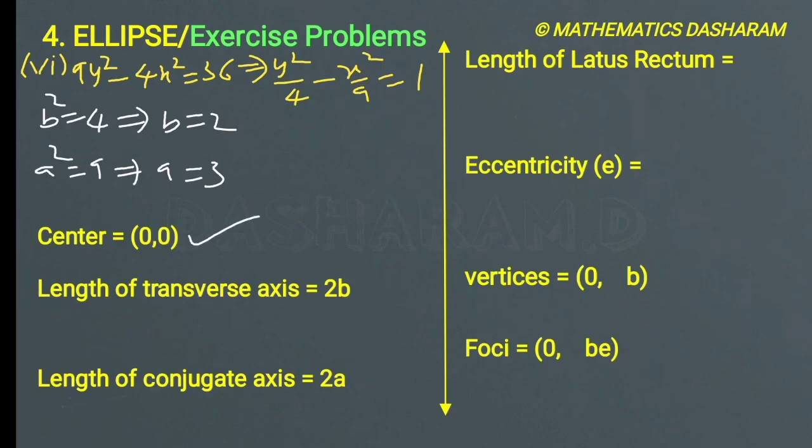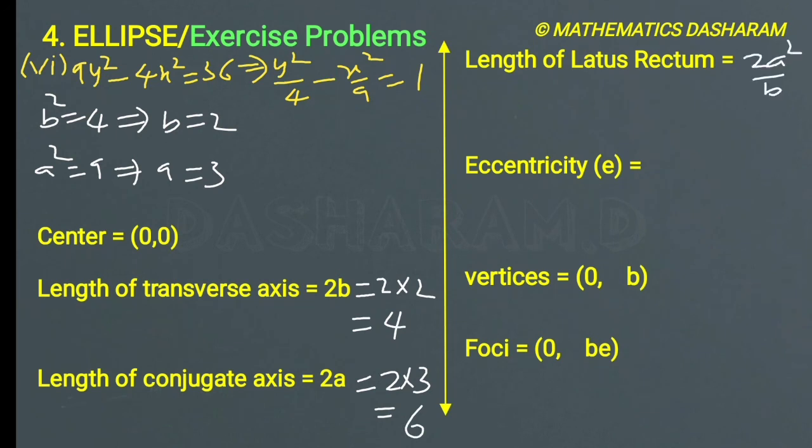So here the center is (0, 0) and length of the transverse axis 2b, 2 into 2, it equals 4. Next, length of the conjugate axis 2 into a value 3, so 2 threes are 6. Next length of the latus rectum 2a square divided by b, so 2 into a square value 9 divided by b value 2, here 2 cancel, it equals 9.